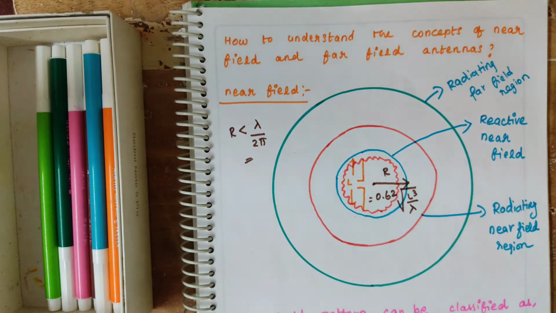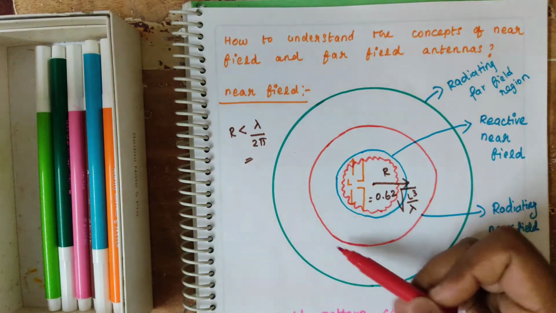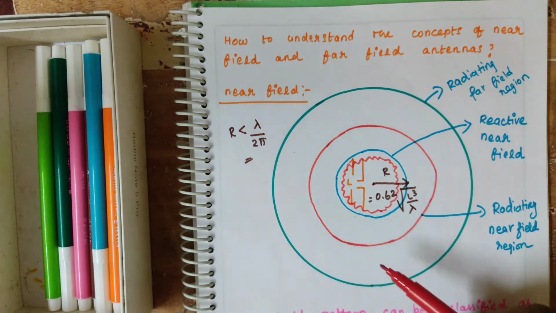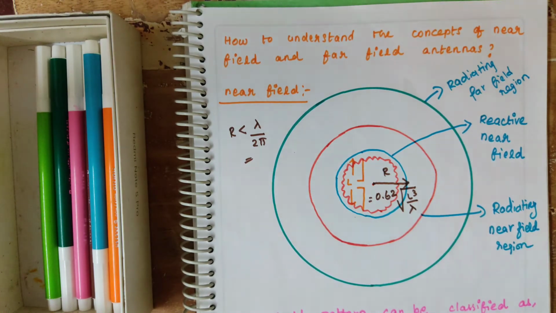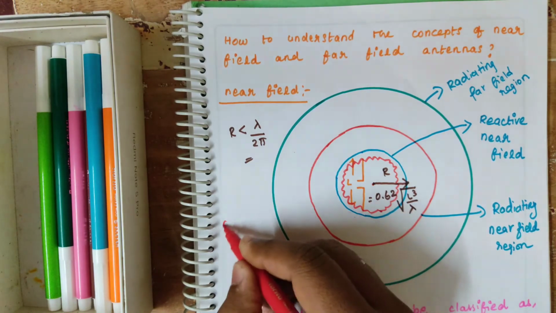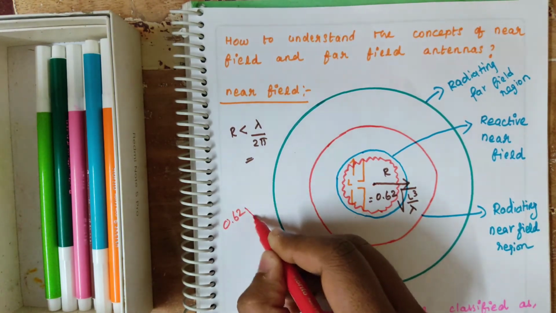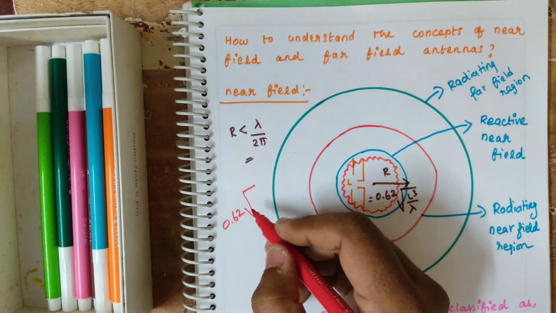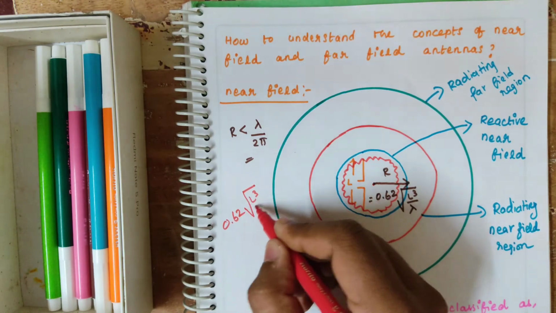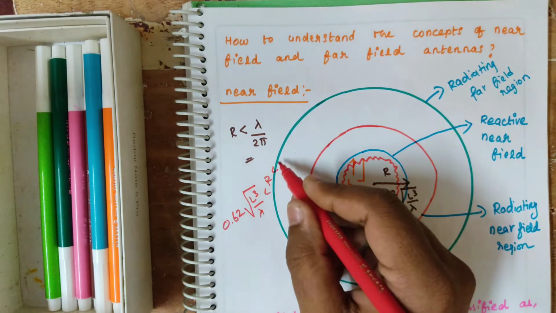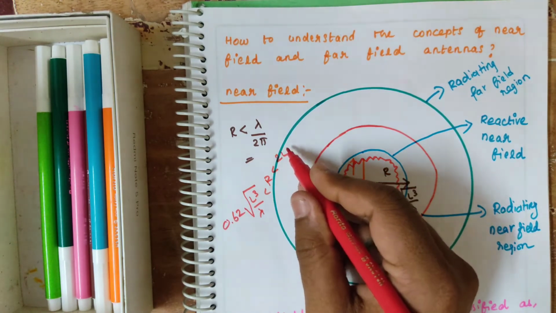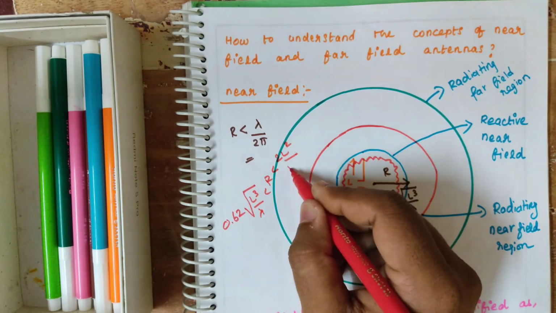Now next we move on to radiating near field region. So this one is the radiating near field region. For this region, the distance from the antenna R is given as 0.62 square root of L cubed by lambda, less than or equal to R, less than 2L squared divided by lambda.